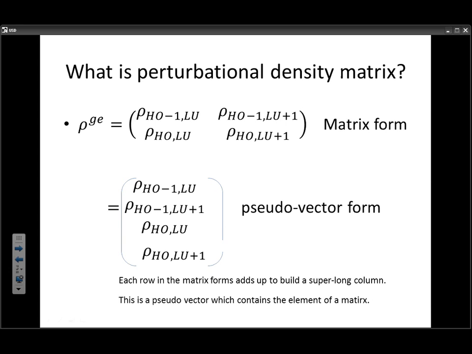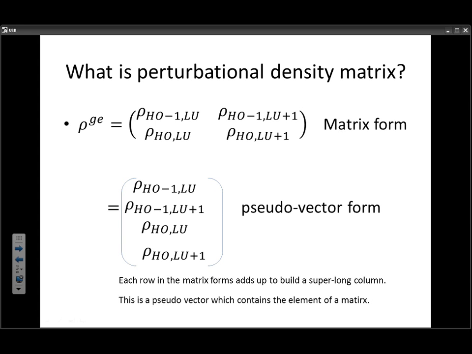So in order to solve the eigenvalue problem in TDDFT, we organize the transition density in pseudo vector form.